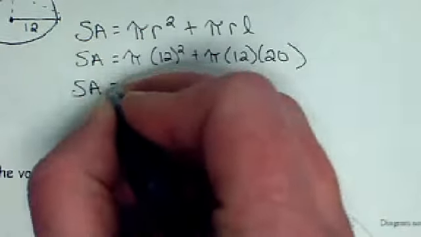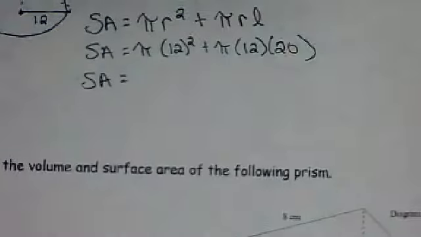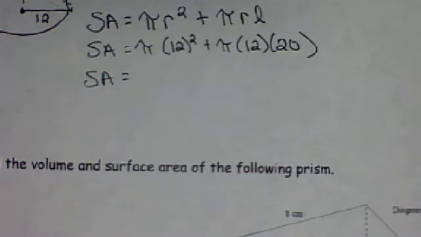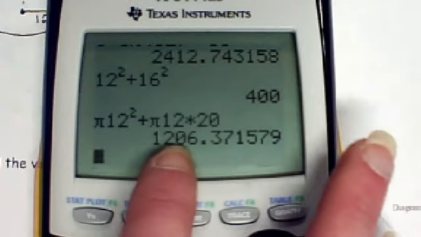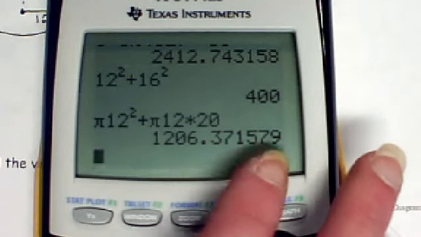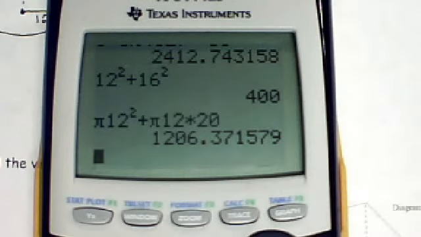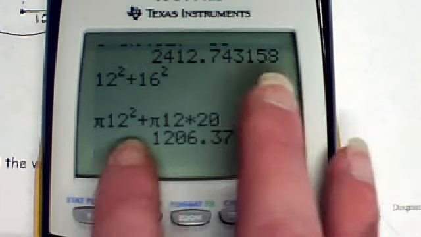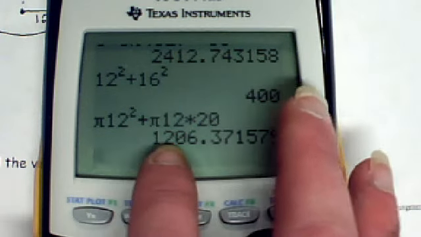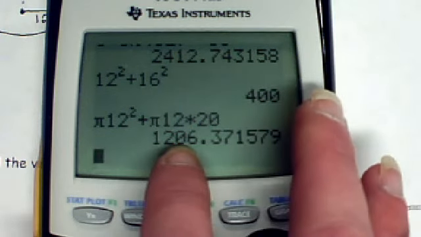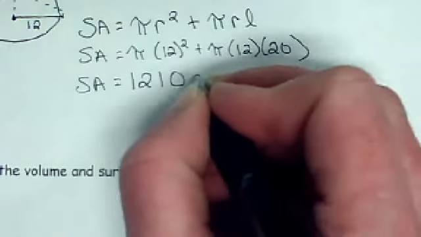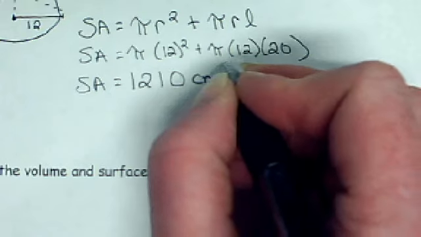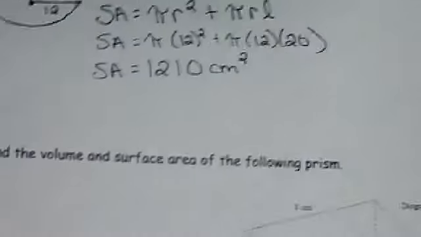And I get that my surface area is, see if you were playing along, did you get 1,206.37, blah, blah? So I was going 3 significant figures, 1 significant, 2 significant. That would round up to a 1. So it'd be 1210 centimeters squared for area.